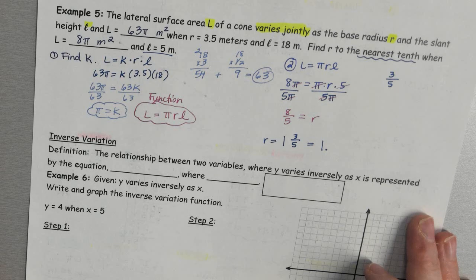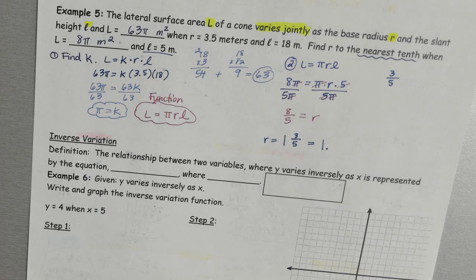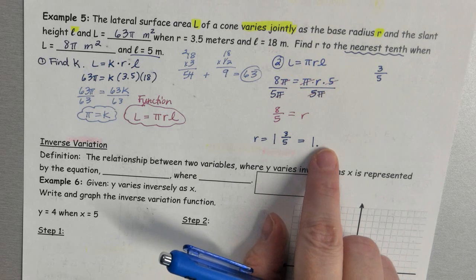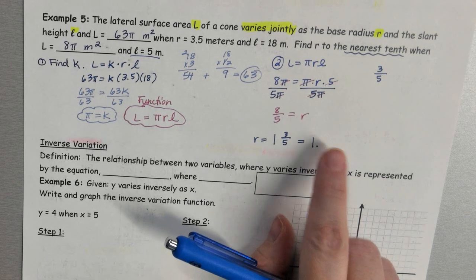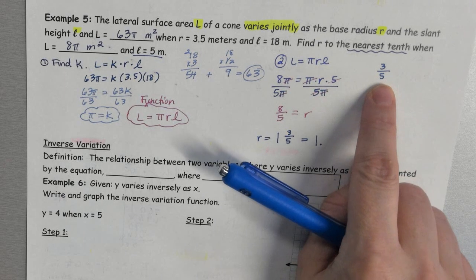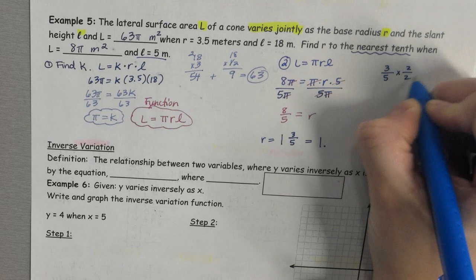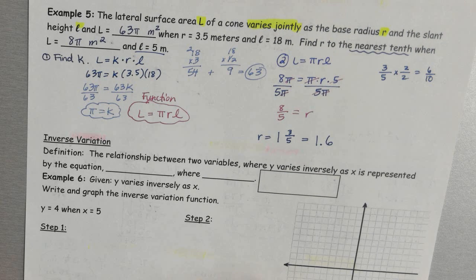Is that how you did it, or did you do it differently? 1/5 is 0.2 because 5 goes in the hundreds. Yeah, yep. You can think of it like that. Another thing you can think of is, what place is this? The tens place. So if I want to know what it is in the tens place, what could I multiply this by? Yeah, so if I multiply by 2 over 2, see how it's 6 over 10? 6/10 is 0.6.